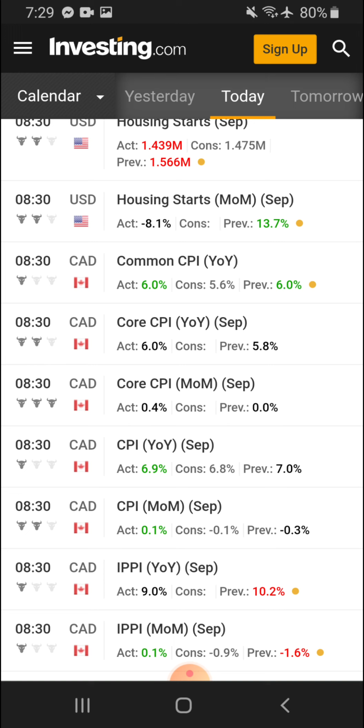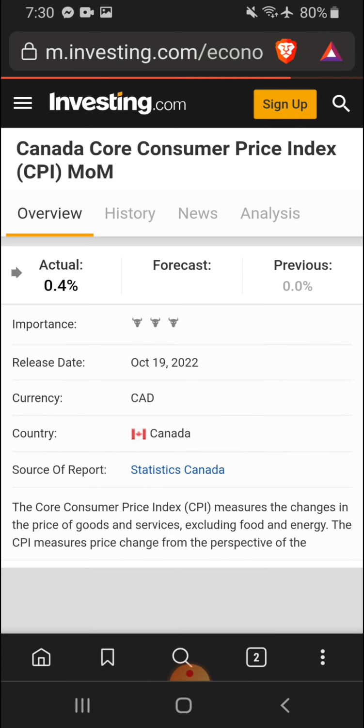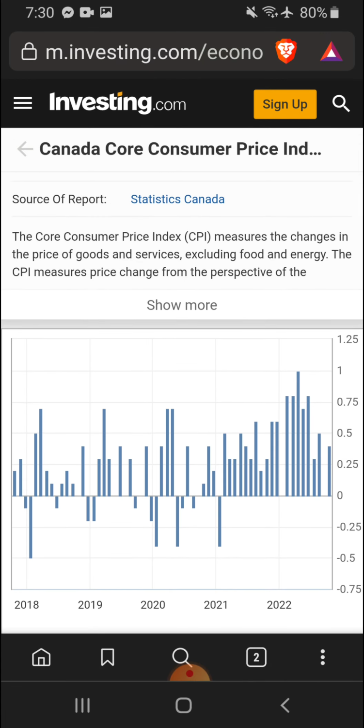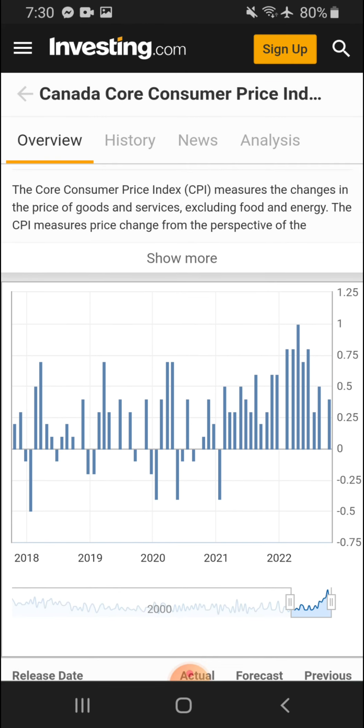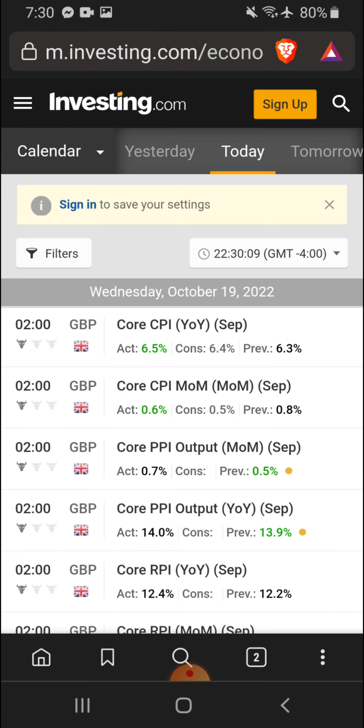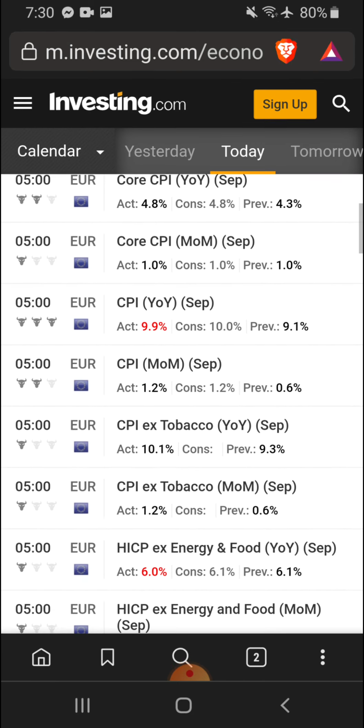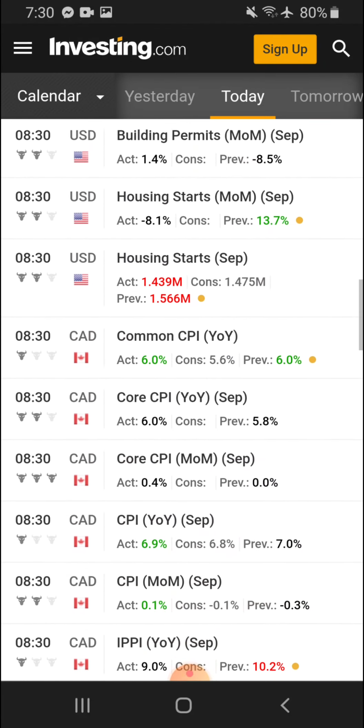I guess it does count, because it was something. Month on month, slightly higher for some reason, but overall, from the last year, it's been going down, so that's still a good sign. So Canada's doing slightly better, inflationary-wise, year on year at least.